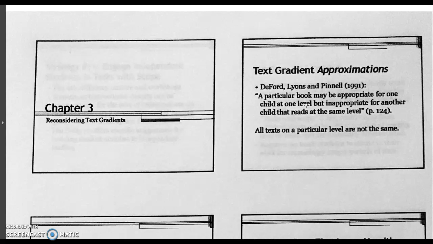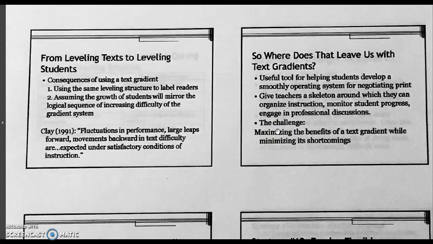Or if a child's reading at a level 4, then you use a level 5 for their guided reading book. But what we weren't taught is that just because a book is labeled as a level 5 or a level J, or whatever level it's labeled, does not mean that they are all created equal within that same level. Lots of things to consider.